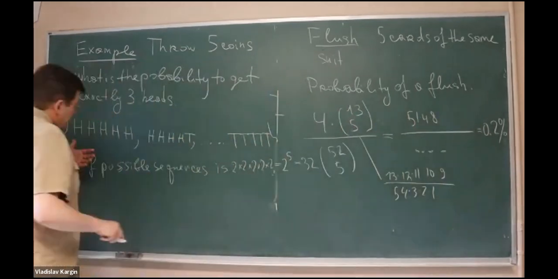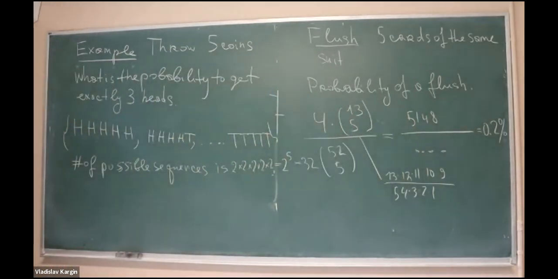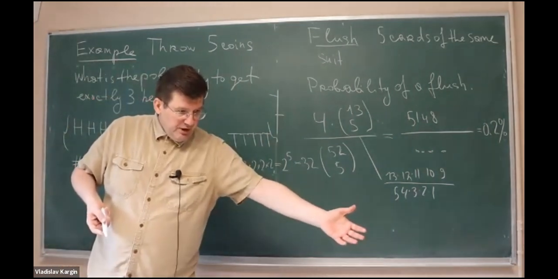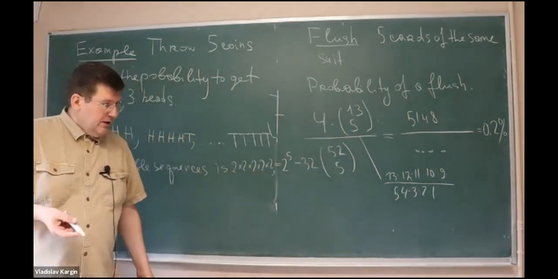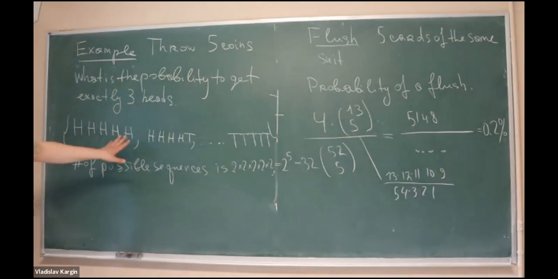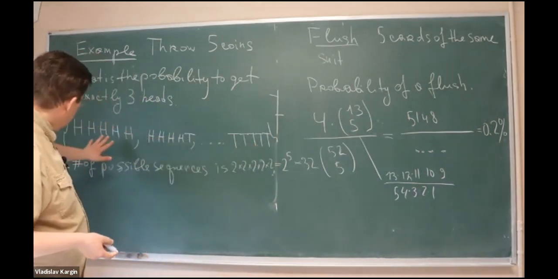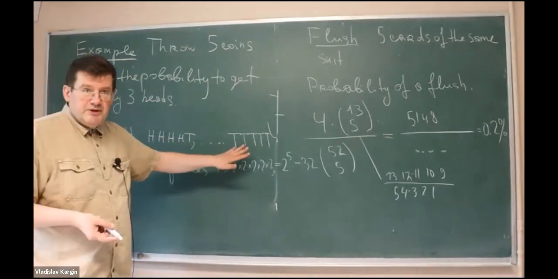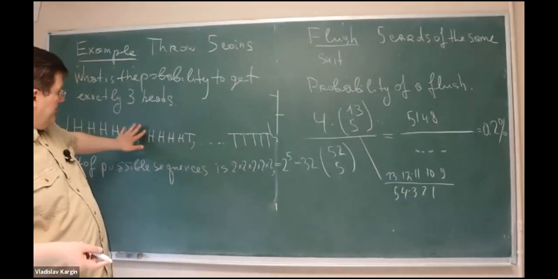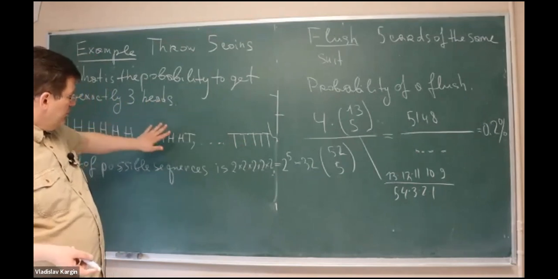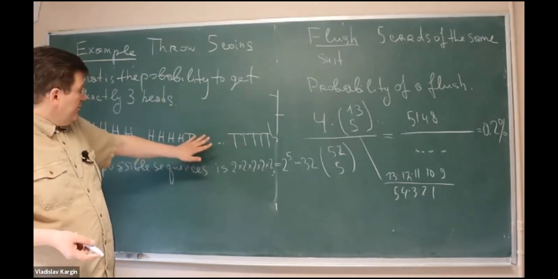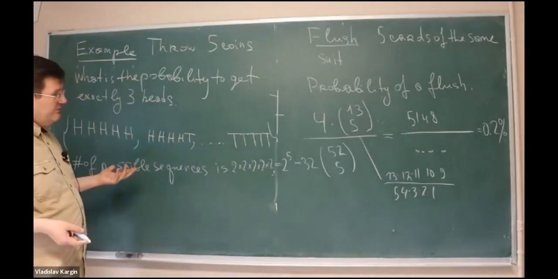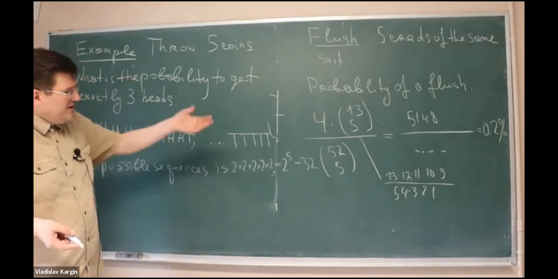Now, the second thing to figure out is how many of these outcomes have exactly 3 heads. There are 32 of them, which is too many to list, and this becomes difficult because if you list it, it's a huge number.